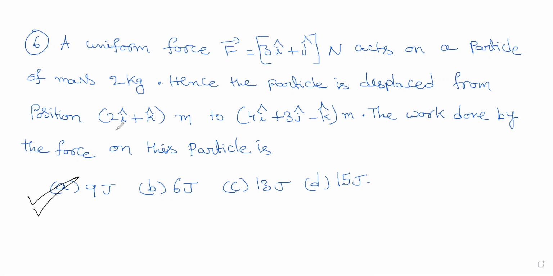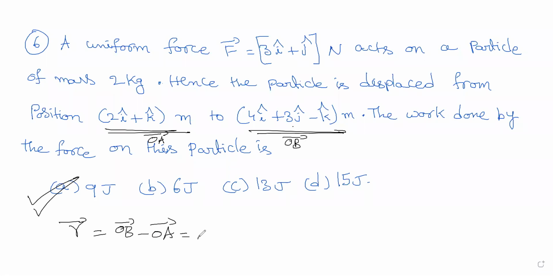What they have given us is the position vectors, from which you have to find the displacement vector. The displacement vector is OB bar minus OA bar, that is my displacement vector AB bar.